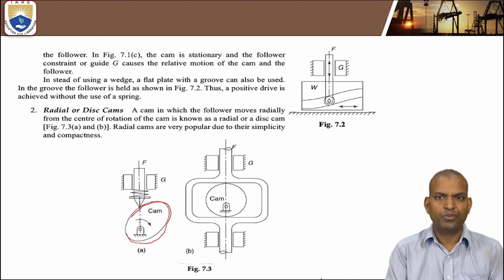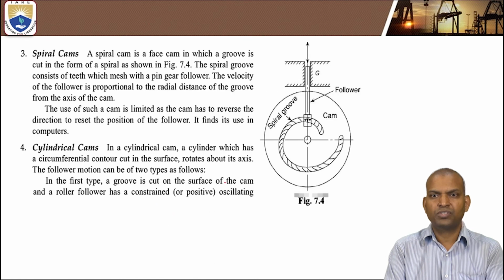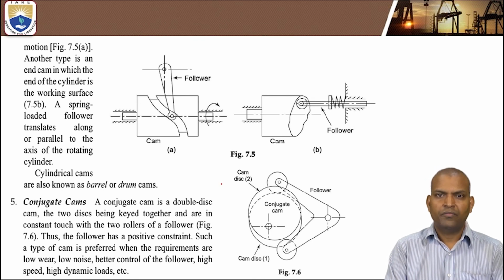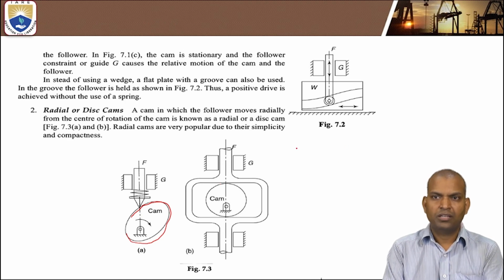We'll draw cam profiles. We don't draw the cam profiles of wedge cams, spiral cams, conjugate cams, cylindrical cams, etc. Only radial or disc cam profiles will be drawn in this module.